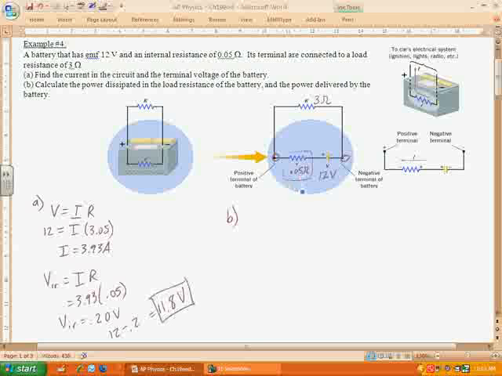First, let's look at the power dissipated in the load resistance. Power equals IV, right?